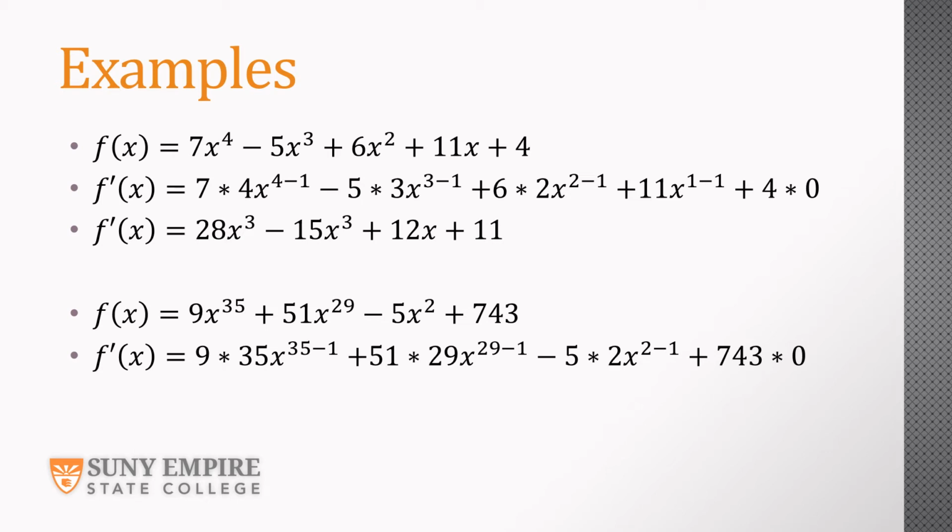Finding the derivative, we have 9 multiplied by 35, x raised to the power of 35 minus 1, plus 51 multiplied by 29, x raised to the power of 29 minus 1, minus 5 times 2, x raised to the power of 2 minus 1, plus 743 times 0. So our derivative will be 315x to the power of 34 plus 1479x to the 28th power minus 10x.